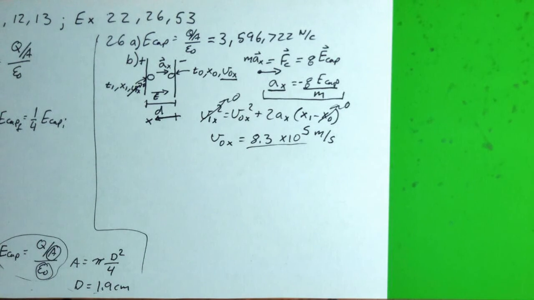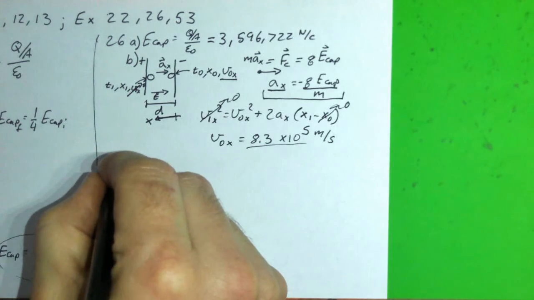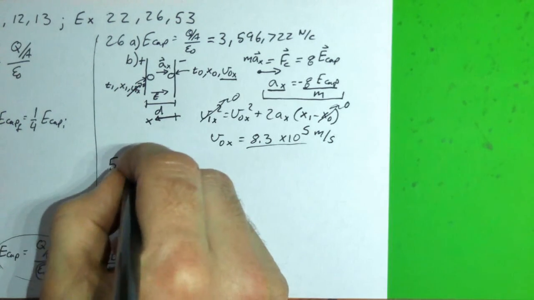Okay, so let's go ahead and pause and start the next problem. The next problem is problem 53, so go ahead and look at problem 53. Okay, so what's the main idea?